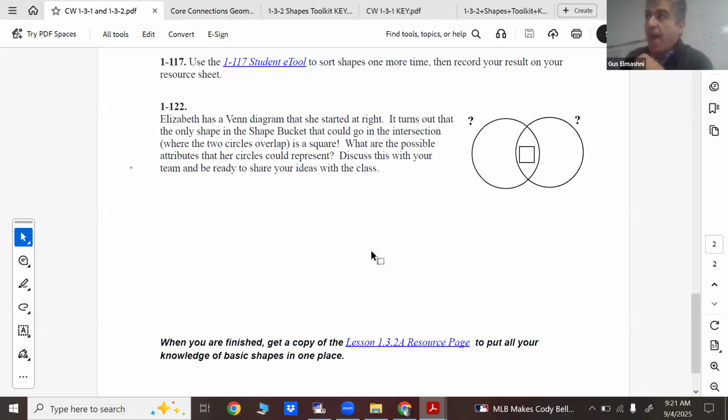What could be the potential categories? Now you're working backwards. Before, you're given the categories. So Connor, you have an idea? Ooh, I like that. So quad and at least 1 pair of parallel sides. Sure. Or actually, let me rephrase that.